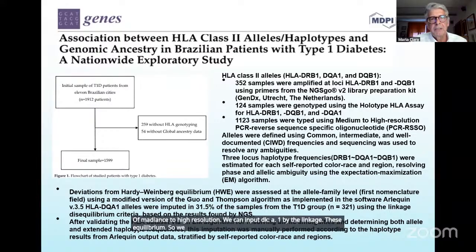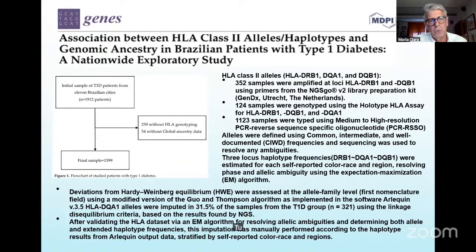So we have this information, and we test for Hardy-Weinberg equilibrium. That is very important to know if the population was in equilibrium, and we also confirmed some of these ambiguities by NGS typing, and we did this imputation for some of the ambiguity based on self-reported color, race, and region algorithm.